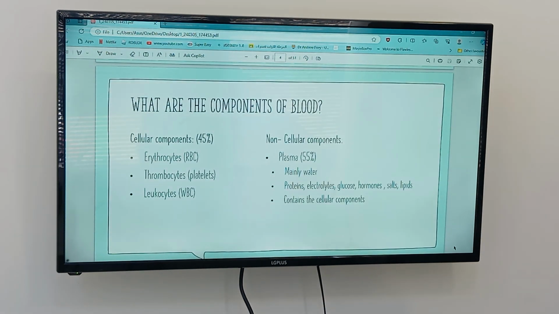What are the components of the blood? If we separate the blood, we can see a deposit of cells and something like a watery part. The cellular components are composed of erythrocytes, that means RBCs, thrombocytes, platelets, and leukocytes, while the non-cellular component is plasma.